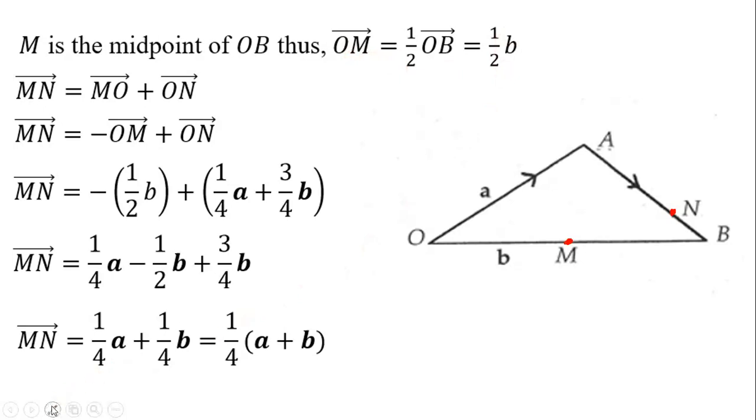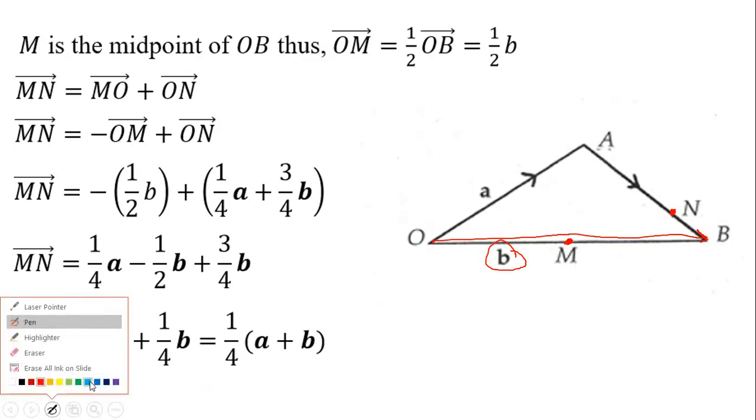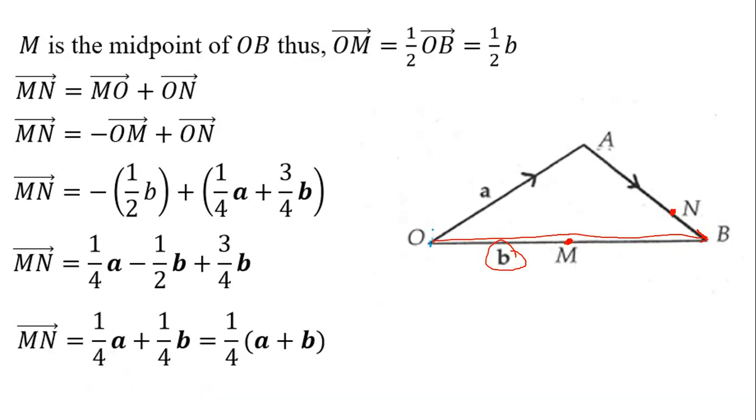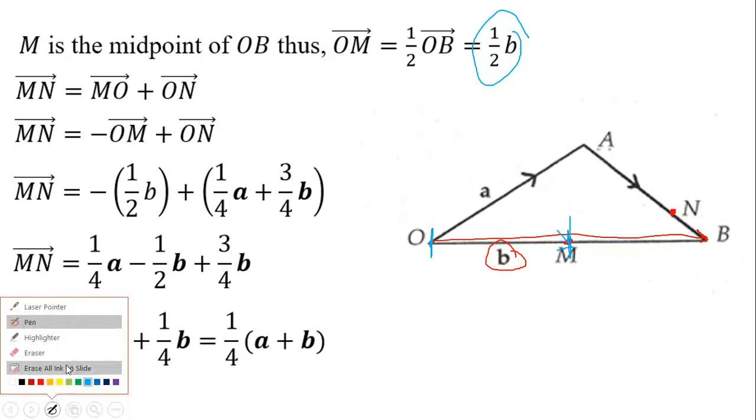So again, let us look at this. This entire vector, that's B. They tell us that that's B. But we just want OM, so we just want to start from here and end at here. What would that be? That would be half of B. So the vector OM is half of B. All right, awesome.